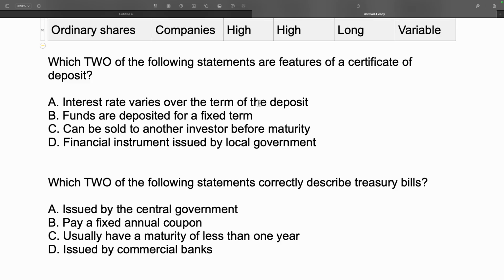So hurry up, try answering these two first. Hurry up, done guys? So, features of certificate of deposit.